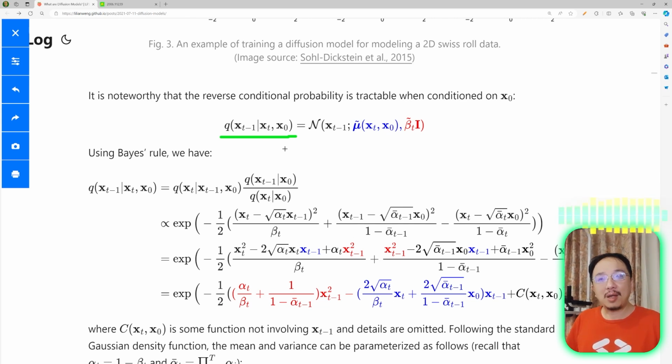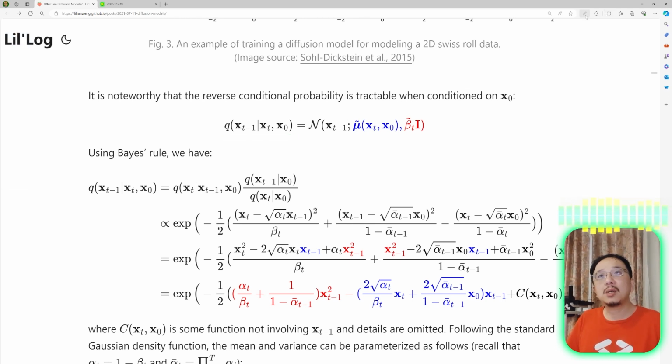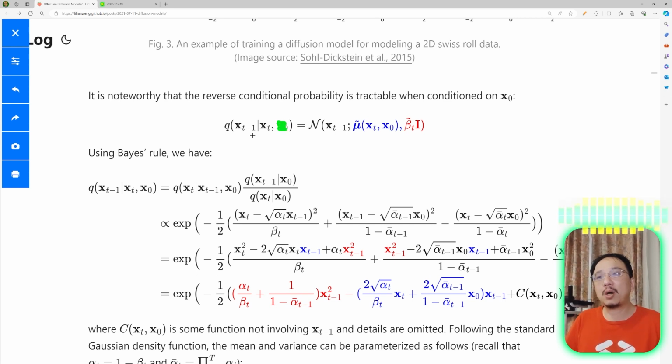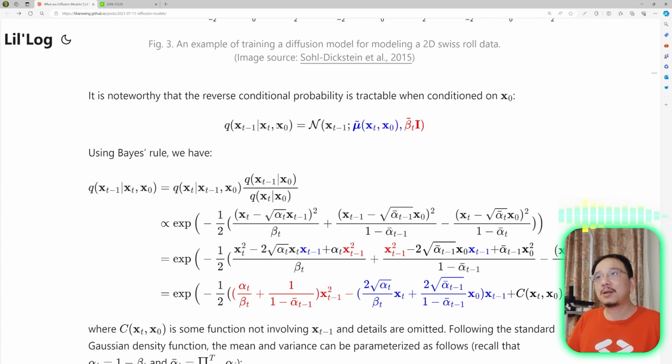This is not the final thing that we want to have. What we want is something like this one without given x0, so that xt to compute xt minus 1 only depends on xt. But for the first step, let's compute this guy.